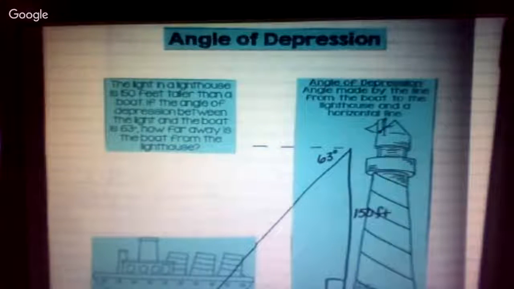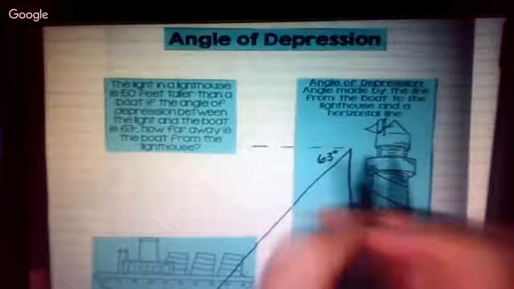They're interior. What kind of interior? Alternate interior. These are your parallel lines, and this is your transversal. I have one on the left of it, one on the right of it. So these are alternate interior angles.